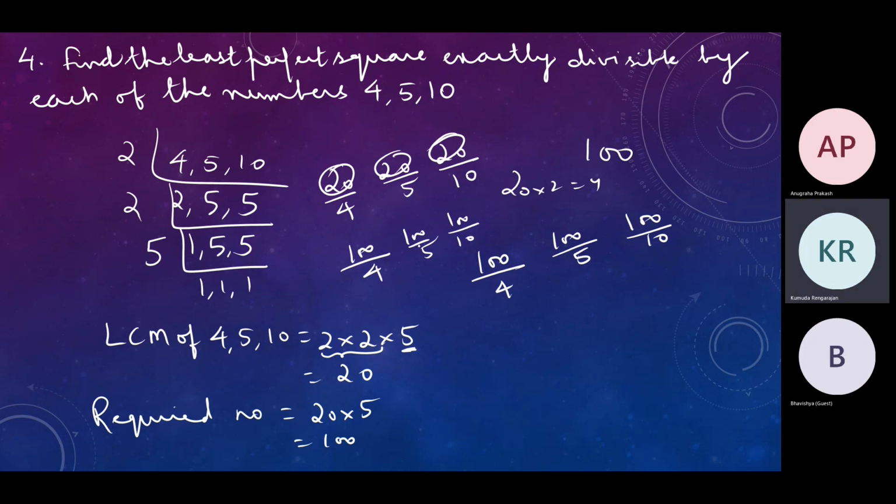There are numbers beyond that also. When you take 400, 400 is also a perfect square and it is exactly divisible by 4, 5, and 10, but that's not the smallest perfect square. So there are many perfect squares which are exactly divisible by 4, 5, and 10, but the smallest of them is 100.